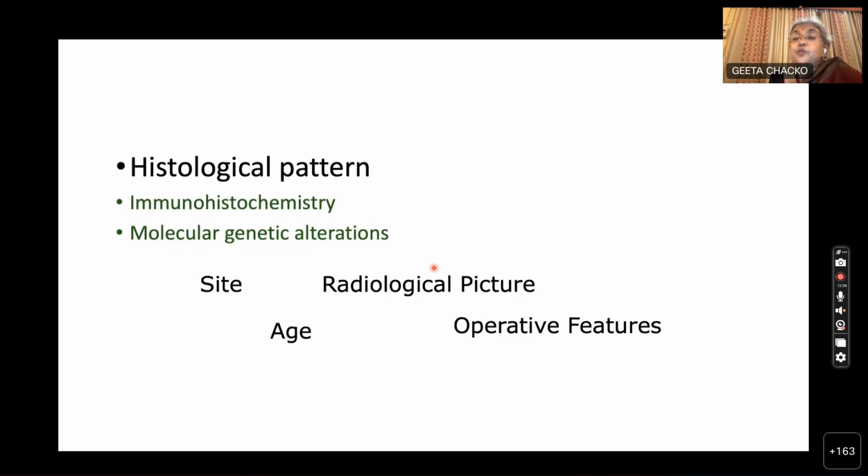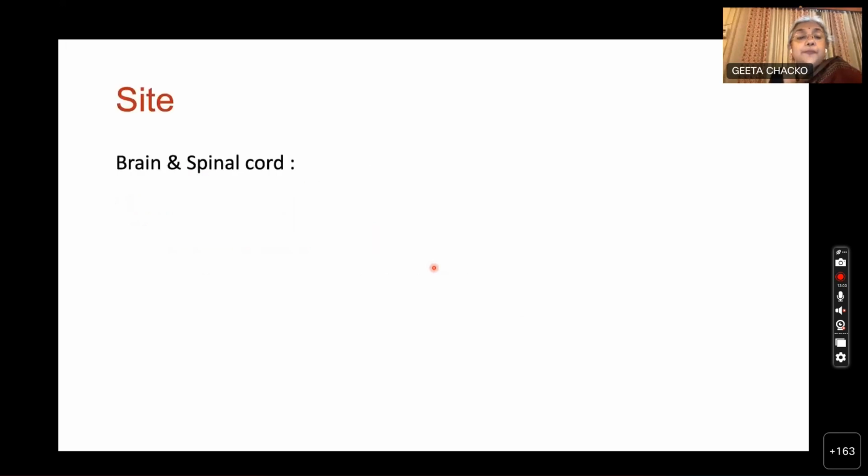Sometimes they give you very little tissue, but you have to understand that that's because it's in an eloquent area and they cannot biopsy more. Or if it's from the brainstem, they do a stereotactic biopsy, that is a guided biopsy, which is extremely small. But when you see it along with all this information, it helps you to make a diagnosis. And as we go along, you'll see why.